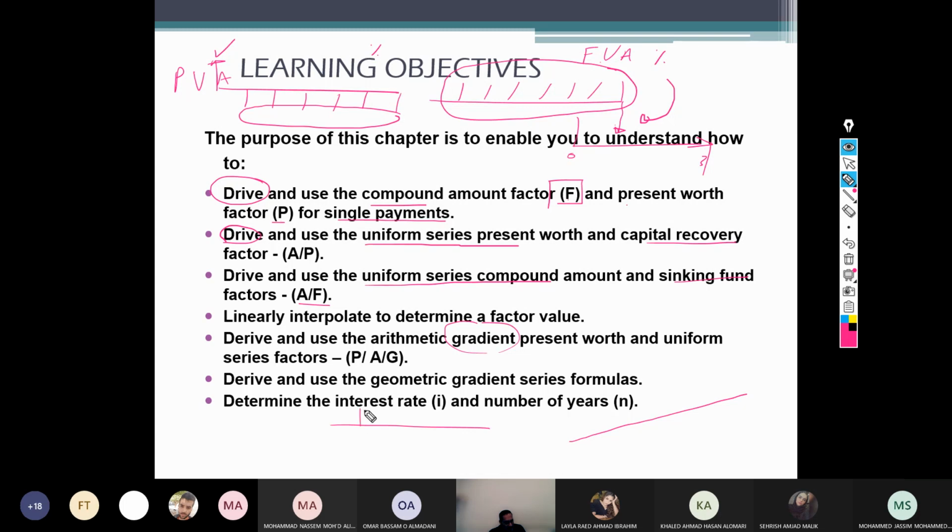I receive my salary and it increases every year, increases uniformly. So in that case, how do I convert this into present? Or in fact, I want to make savings and I want to put in a bank, and every year it increases. So how much in total am I going to collect?